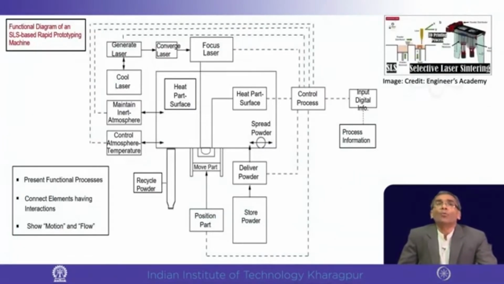Now, whatever we have discussed, let us examine and see with an example. The example is for a rapid prototyping machine which works on the laser sintering principle of polymer powders. So, what happens? The process is, first it is a laser process.